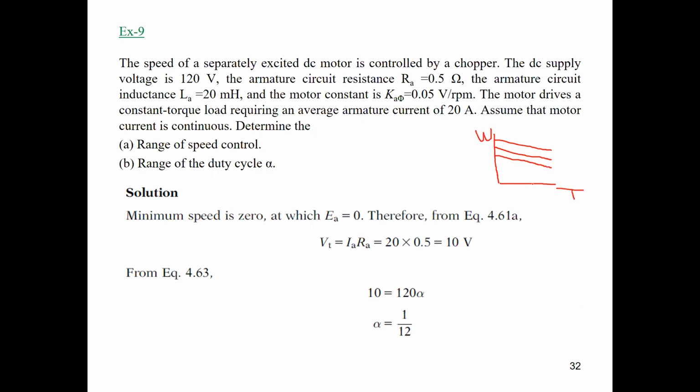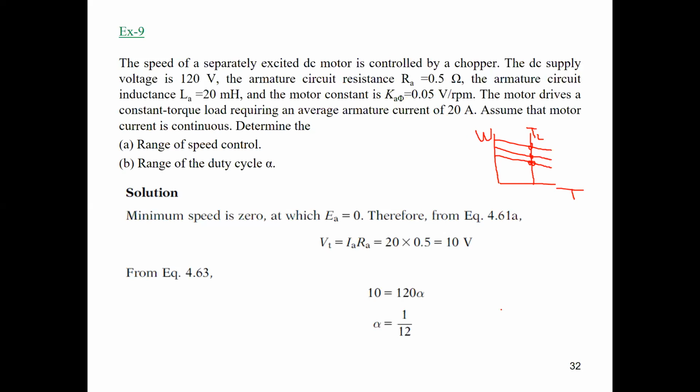The load torque is constant, means we have constant value for load torque. So the torque load will be the same at any point of machine speed. This is the meaning of constant load torque. So the motor drives a constant load torque requiring an average armature current of 20 amps.